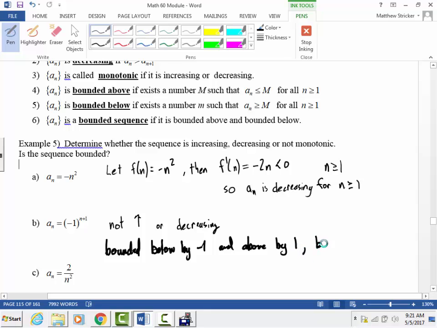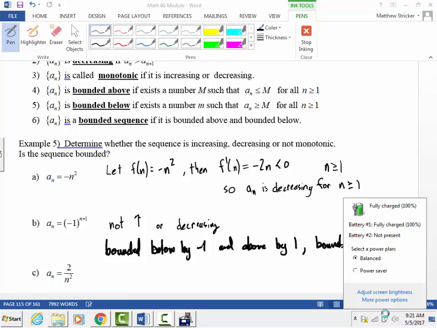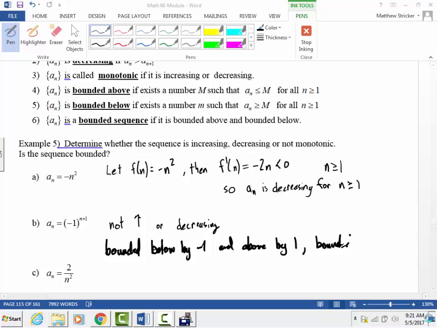So it's a bounded sequence. Okay. Any questions?